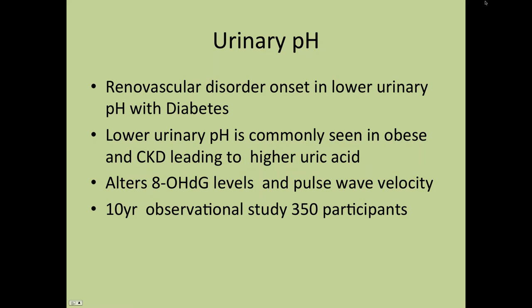Well, what's that mean? It means your vessel dynamics change. Your vessels aren't as pliable. So inflammation, triggering oxidative damage, distilling down to urinary pH, leading to markers for methylation damage like 8-OHdG, and markers for oxidative damage like uric acid.